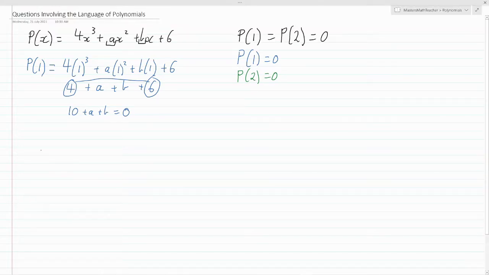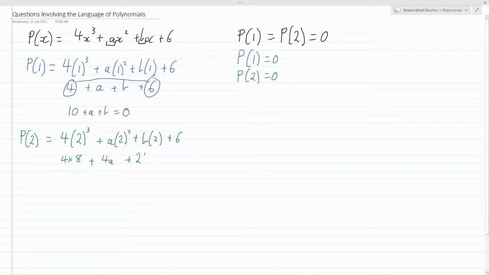Let's look at our second bit of information, p of 2. So again, we substitute the 2 wherever there's an x. So we got 4 times 2 cubed plus a times 2 squared plus b times 2 plus 6. 2 cubed we know is 8, so we got 4 times 8, and 2 squared is 4, so we got 4a here.